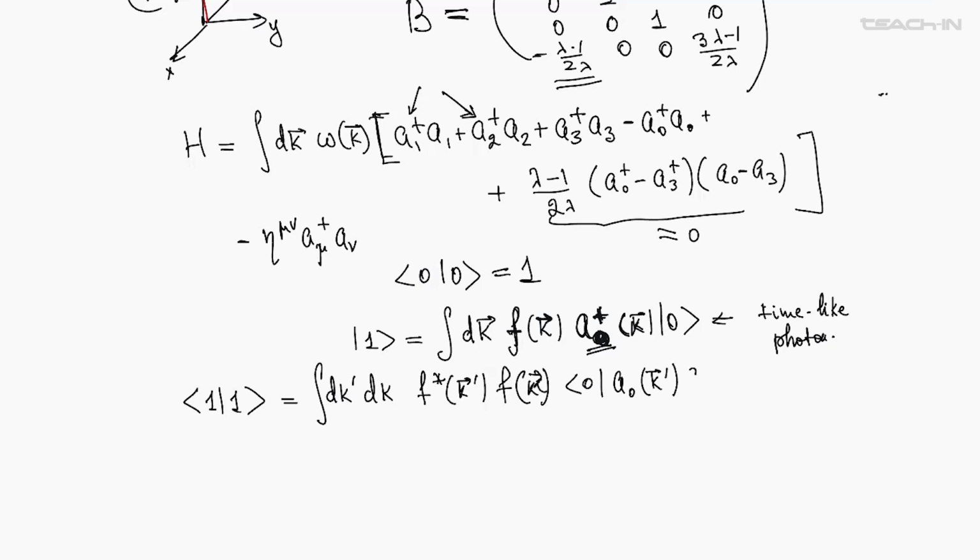That would be the norm of this state. But then it's clear that what I have to do in order to compute it is to commute A0 and A0 dagger.